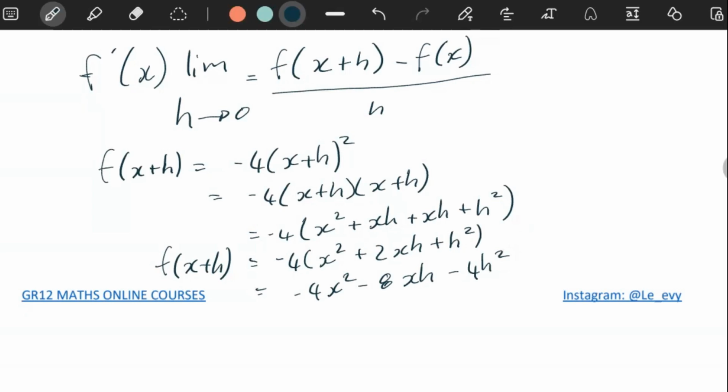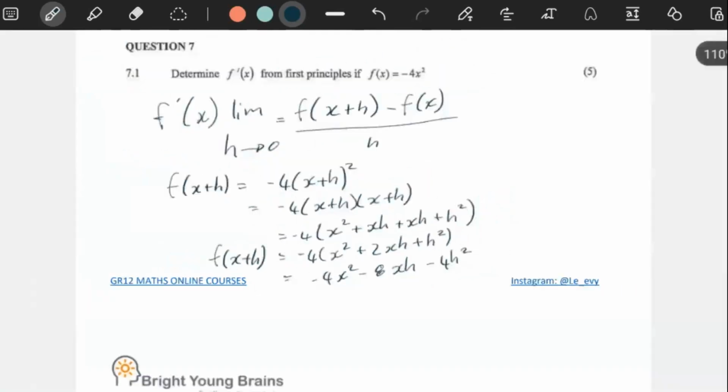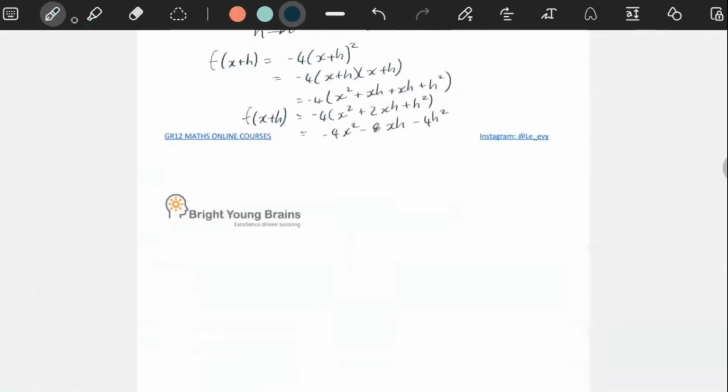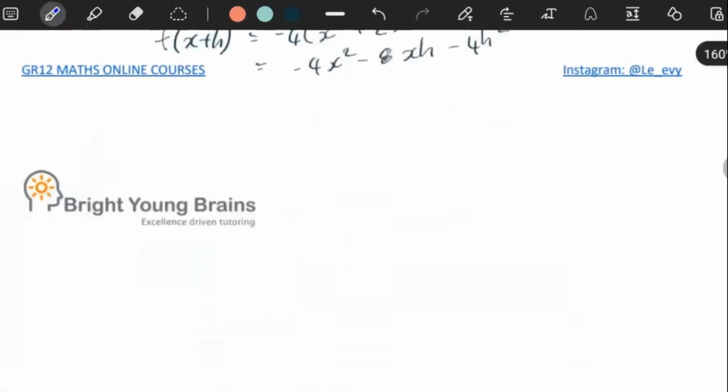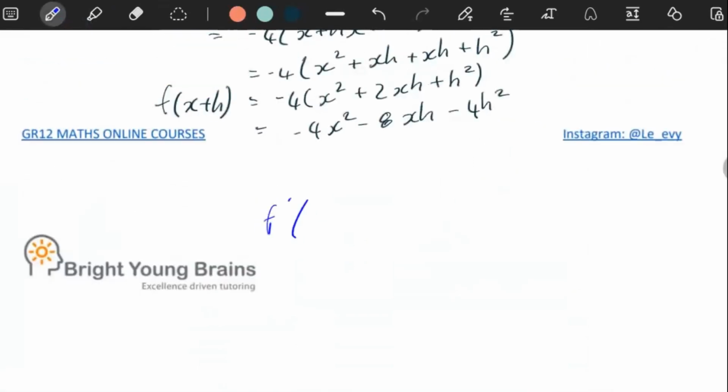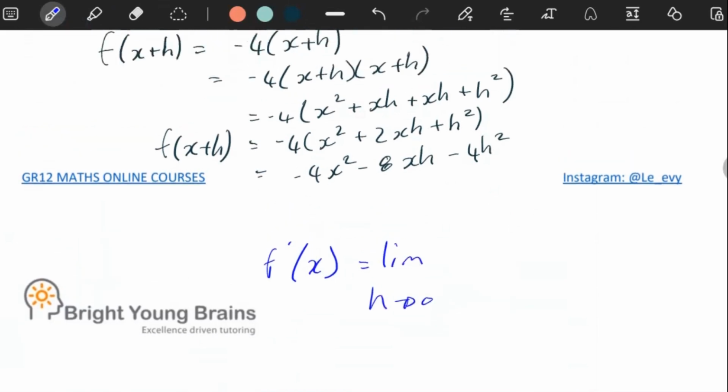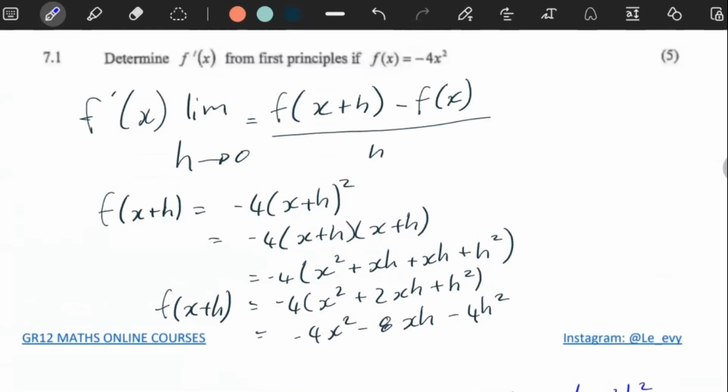With all this being done, we can throw everything back into the original equation. I'm going to use a different color. So f prime here is equal to the limit as h goes to 0 of this whole thing here, negative 4x squared, negative 8xh, minus 4h squared, and then minus this equation.